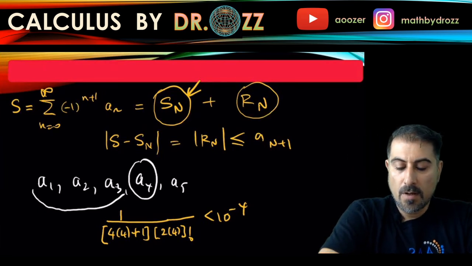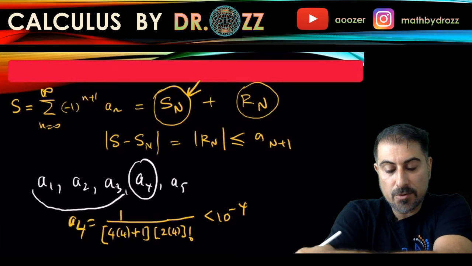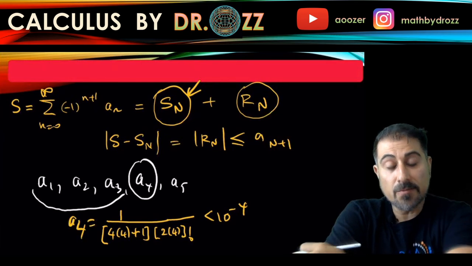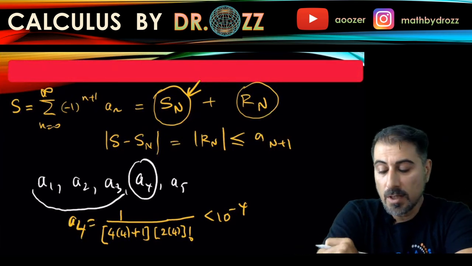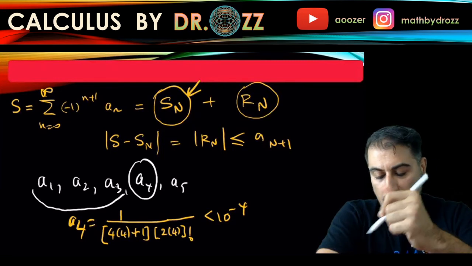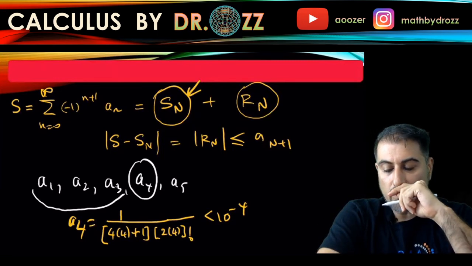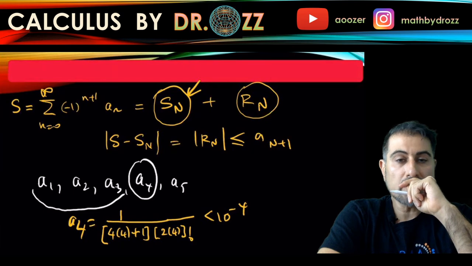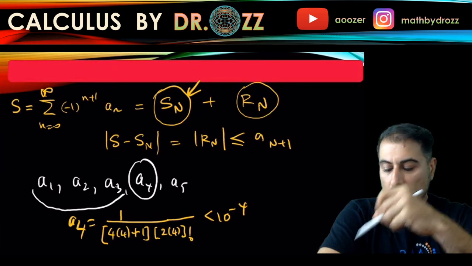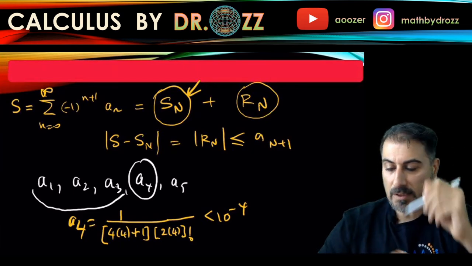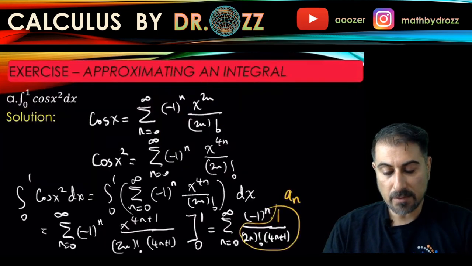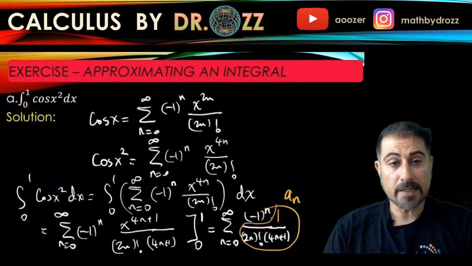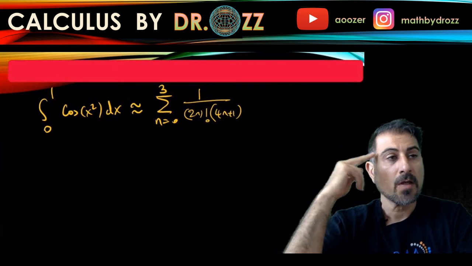So that means I can keep S3 for the approximation. In other words, I can look at the sum starting from 0 all the way to 3 to represent the approximation of the infinite series. Let me just write it in the new slide. Here we go.